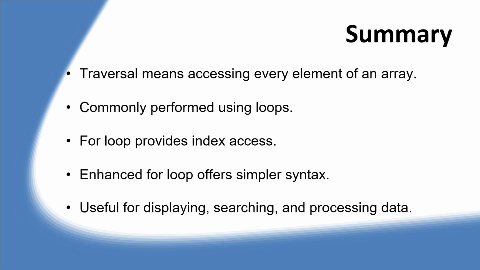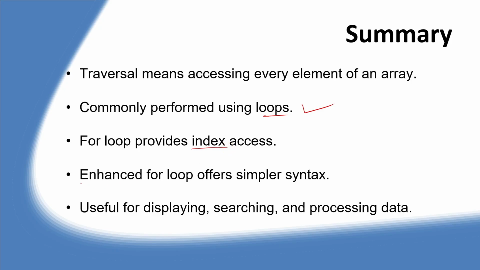Let's quickly summarize what we have learned so far. Traversal means accessing every element of an array, and it is commonly performed using loops. With the for loop, we get index access.